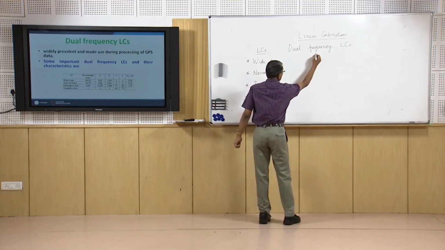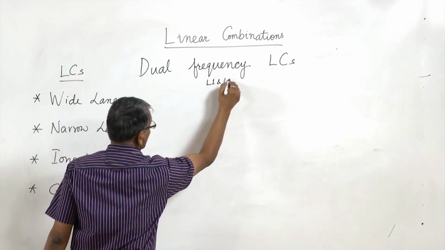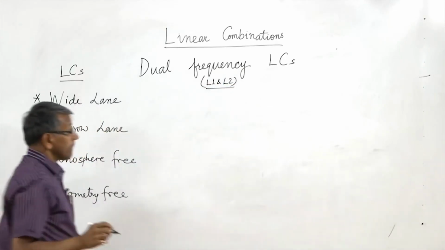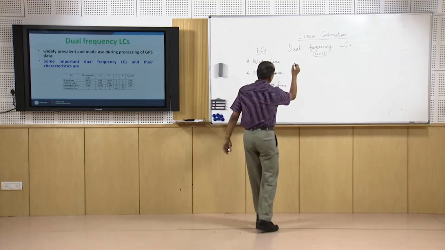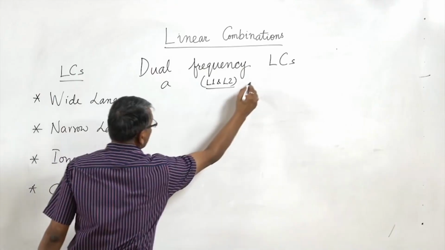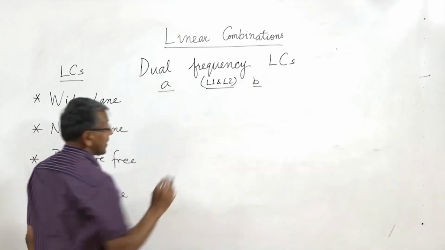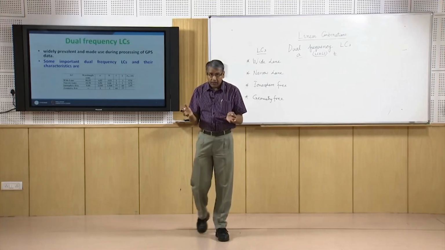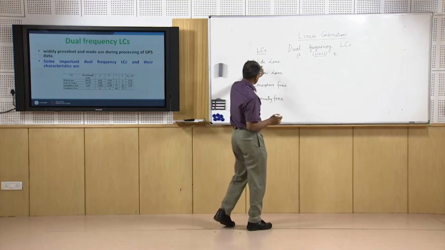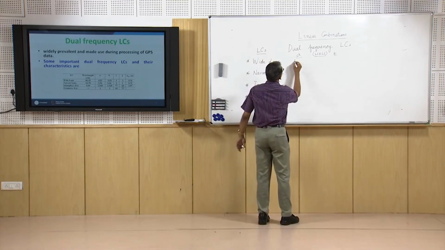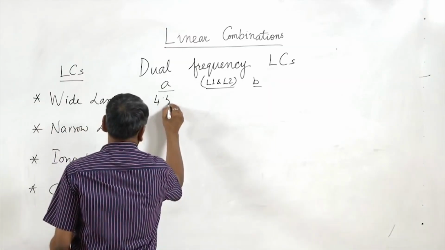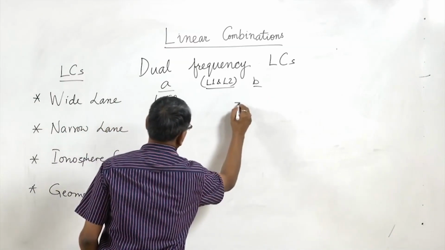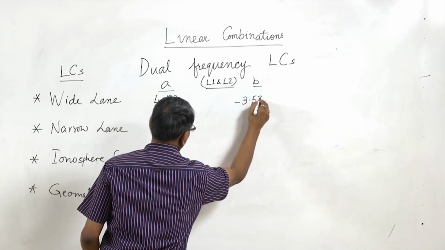and in all these cases the L1 and L2 carrier phase observables are being used, and corresponding to our A and B, as we have seen for the carrier frequency, in the case of wide lane, A is 4.53, and for B it is 3.53.